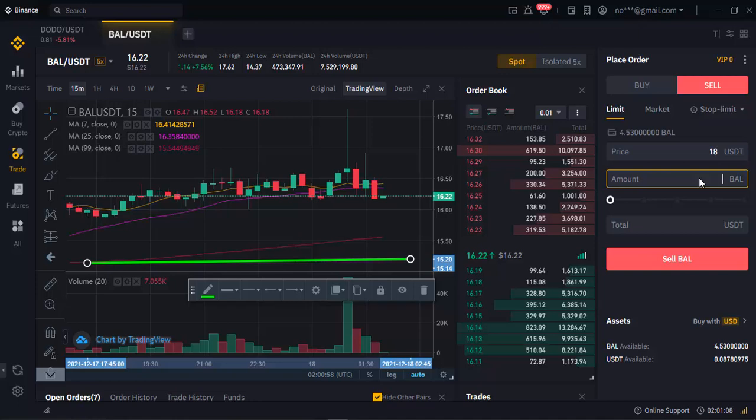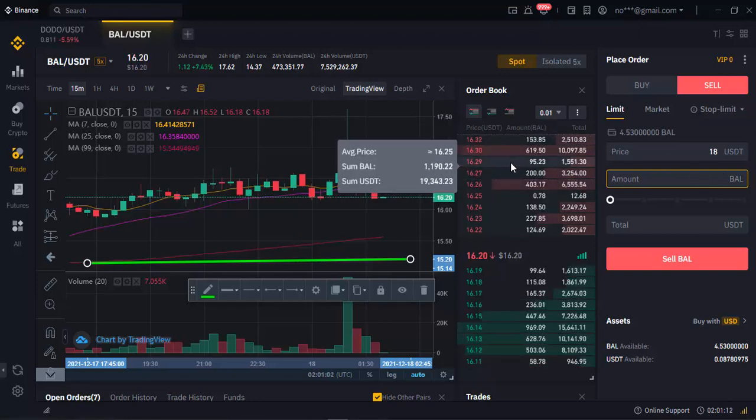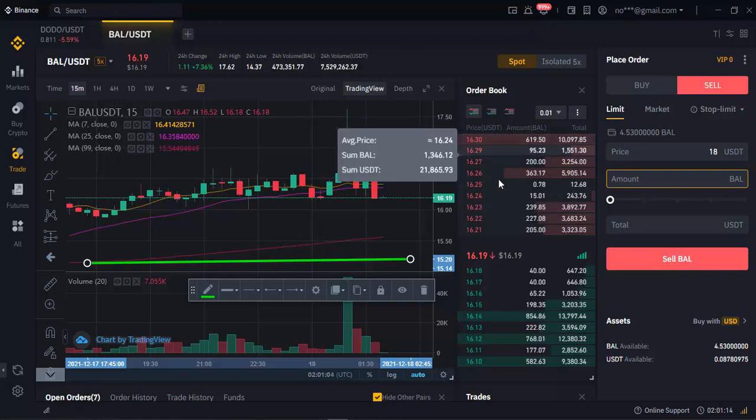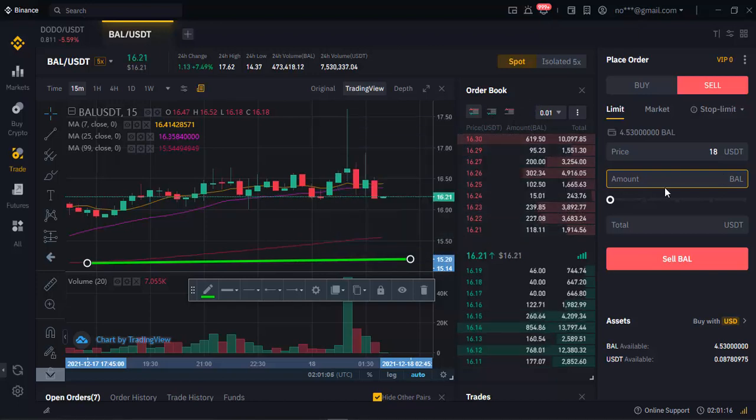But if you want to sell immediately, all you need is to select the available prices closer to the market price and sell it off immediately, right? But normally, when you buy at a lower price, you are expected to sell at a higher price. Now, you can decide to sell percentage by percentage.